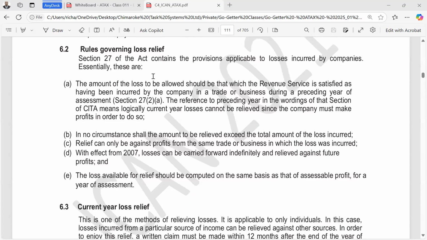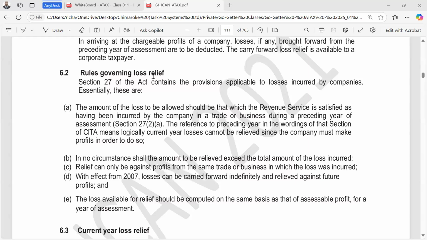The first one is that the amount of loss to be allowed should be that which the revenue service is satisfied as having been incurred by the company in a trade or business during a preceding year of assessment. Now, what does this mean? It means that the FIRS is going to be satisfied that this loss was incurred by the business.